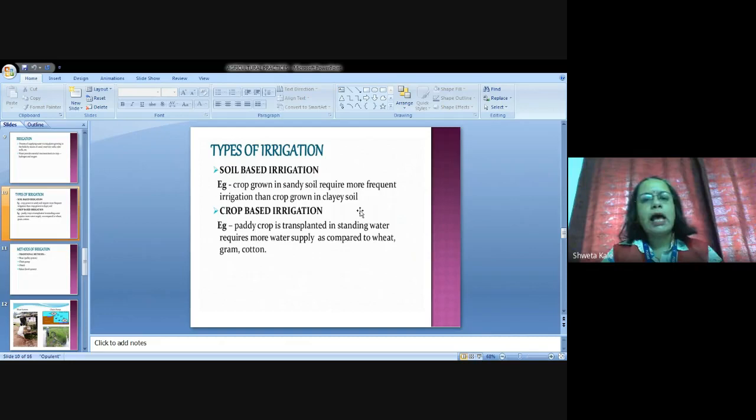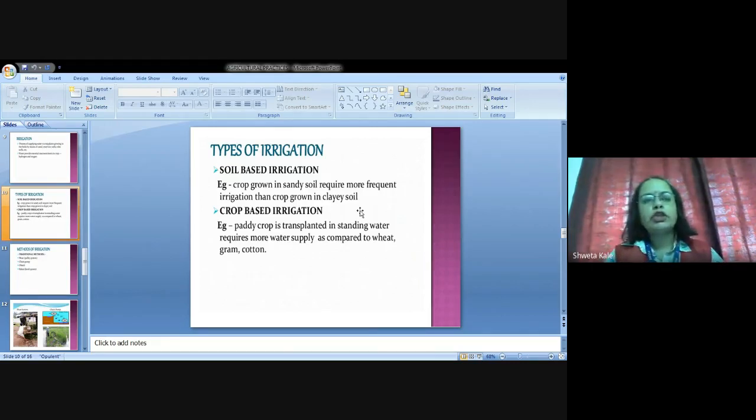Sandy soil has more space in it, so it requires more water because the water easily goes through it. It travels through sandy soil more easily than clay soil. But in clay soil, even if we give less water, it can hold that water for a longer period of time.